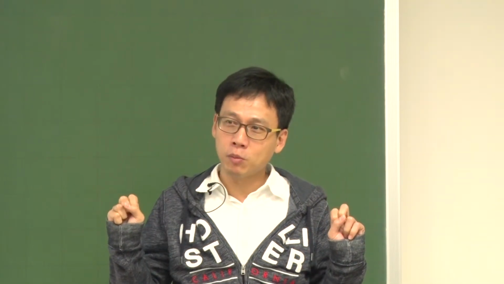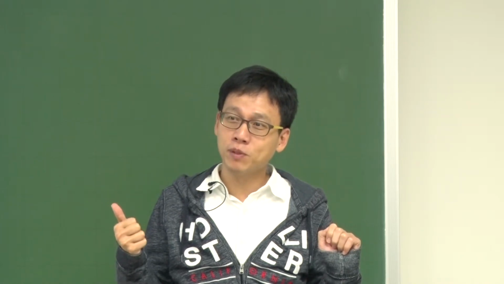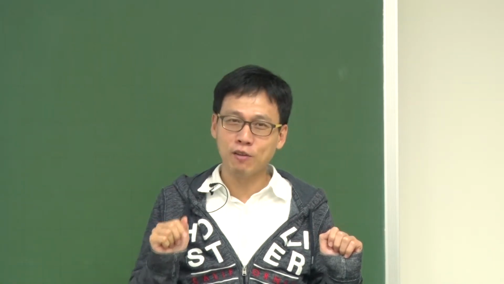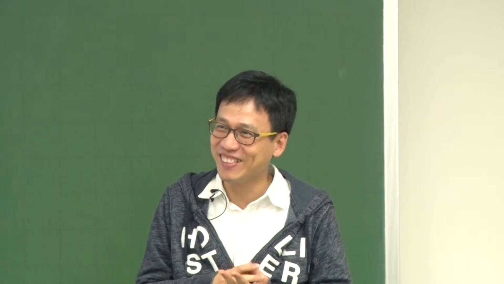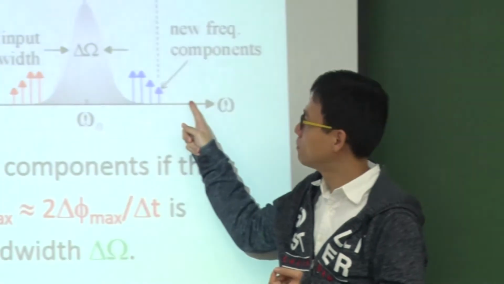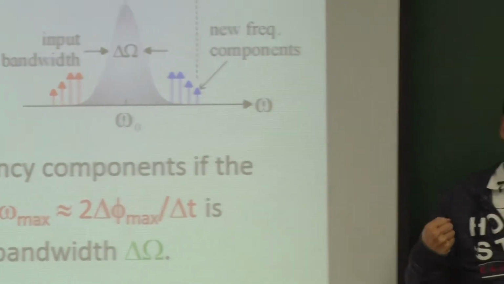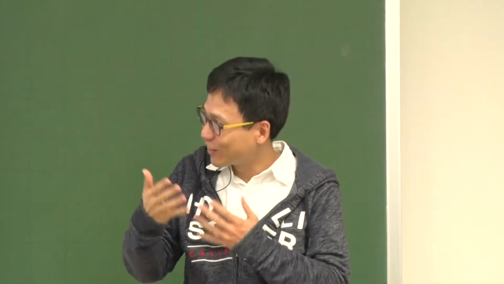Remember, if you want to observe interference, the criterion is there must be at least two players, right? If you only have one player, there is no interference. You need at least two to have interference, right? That seems to tell us that an observed frequency does not come from only one source; if it comes from more than one source, it has a chance to interfere. Yeah, you can try.